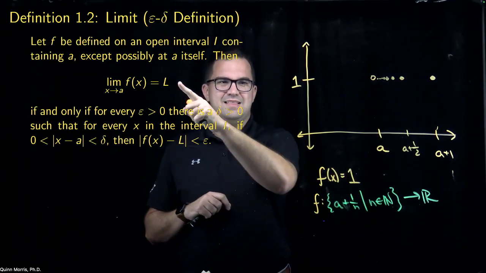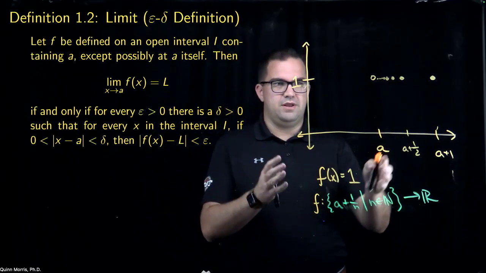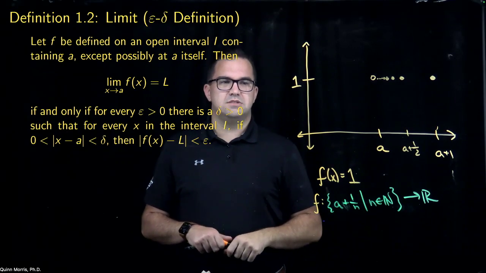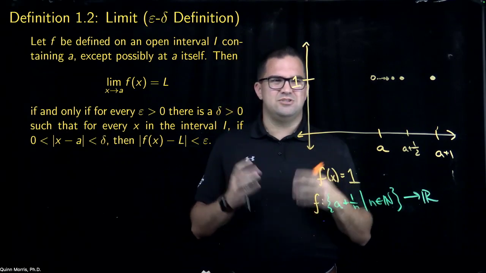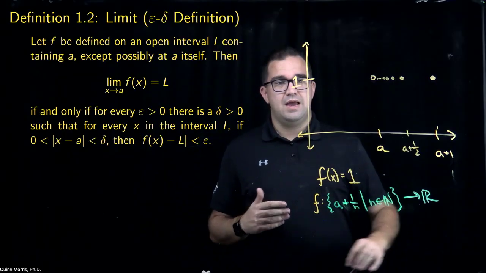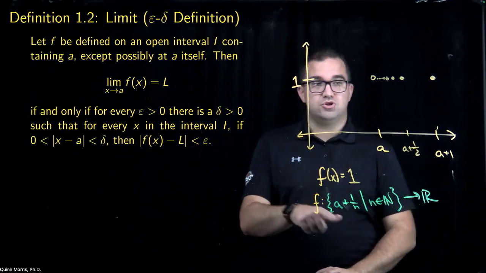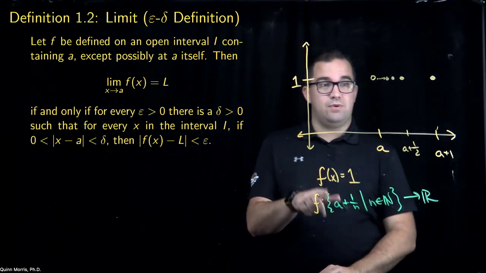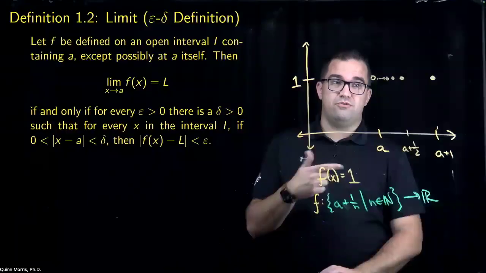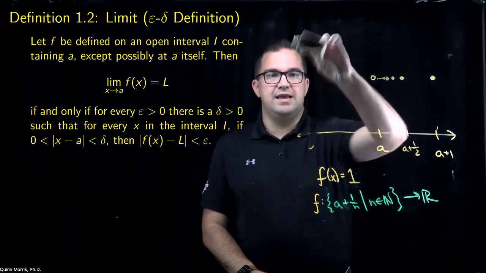But again, this definition doesn't apply because my function isn't defined on an open interval containing a. So there are these weird other edge cases that I need to deal with. And that's going to require thinking a little more carefully, both about the structures of domains that we allow, and then how we want to define the limit in some of these edge cases.